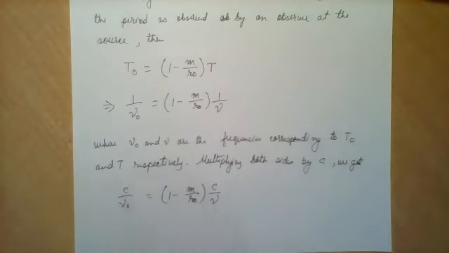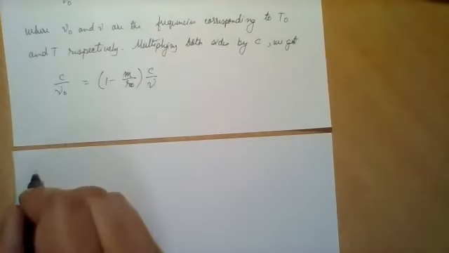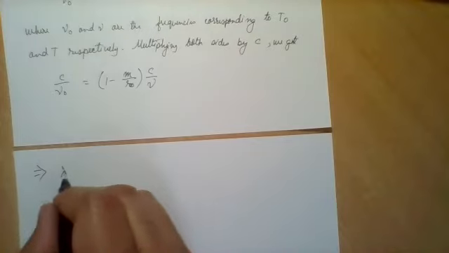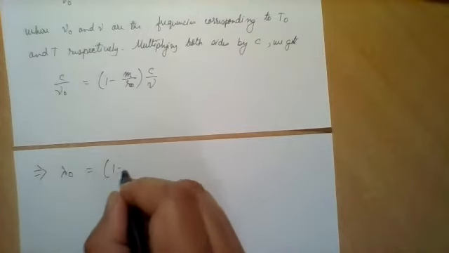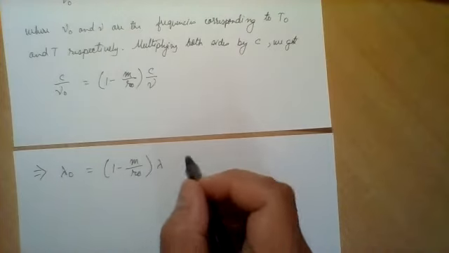Now c by frequency, speed by frequency, what is that? That is the wavelength lambda. So this implies lambda0 is equal to 1 minus m by r0 times lambda.